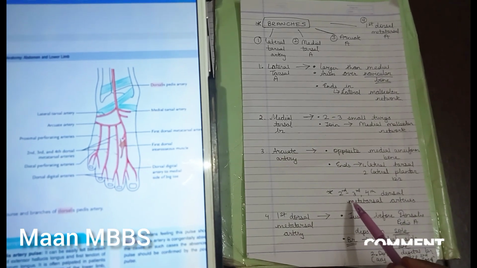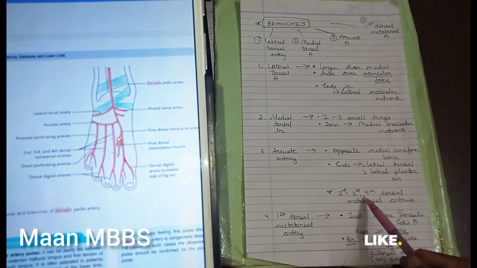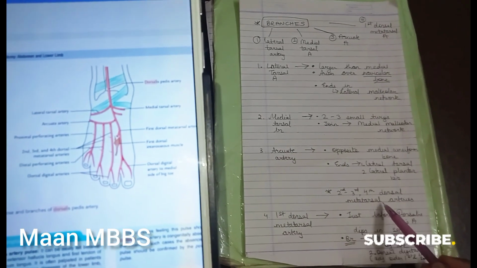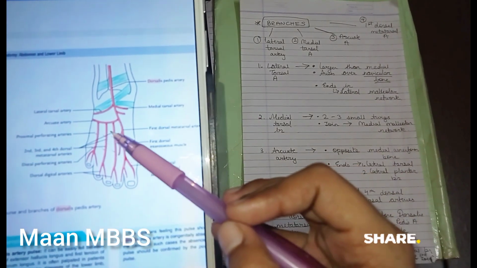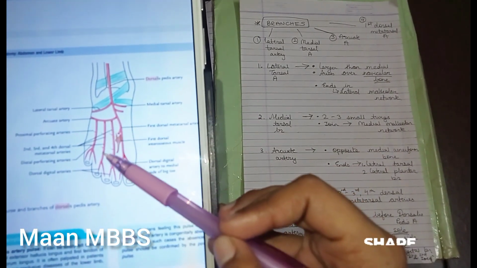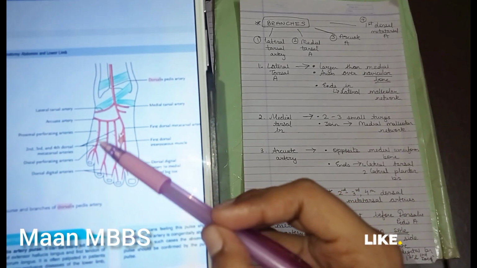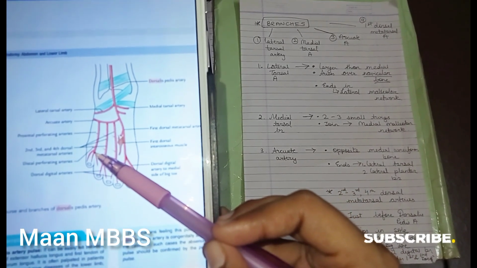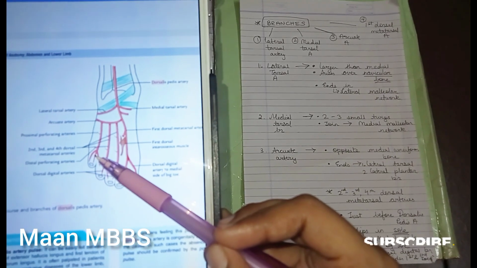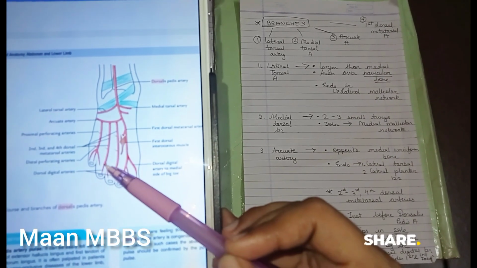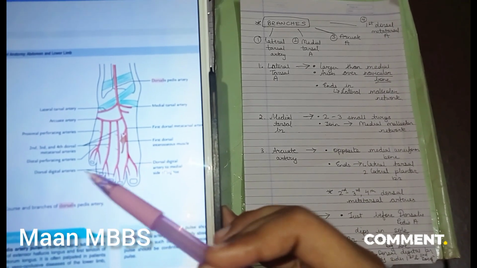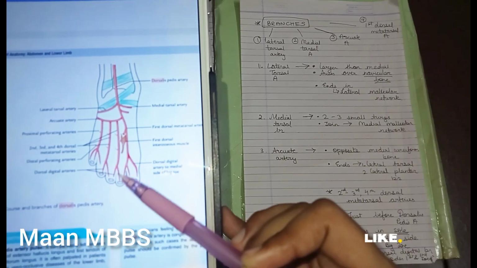And then it also gives the second, third and fourth dorsal metatarsal arteries, which are these. These second, third and fourth dorsal metatarsal arteries divide into further perforating arteries, and then we have the dorsal digital arteries which arise from them.